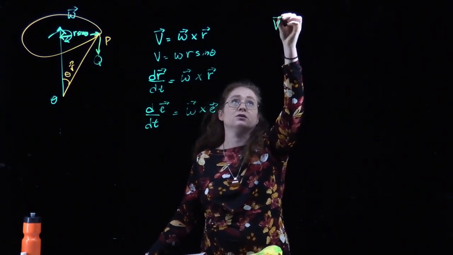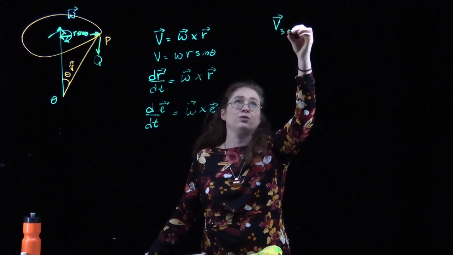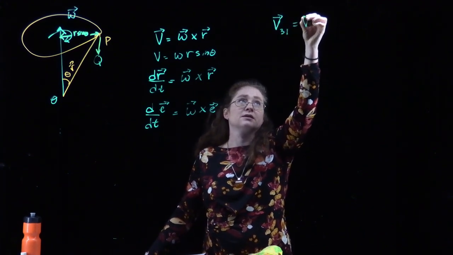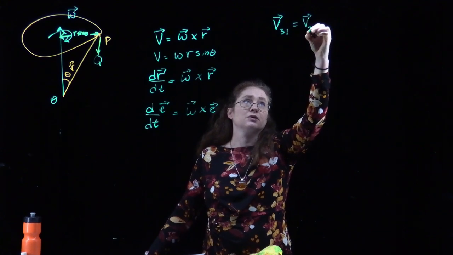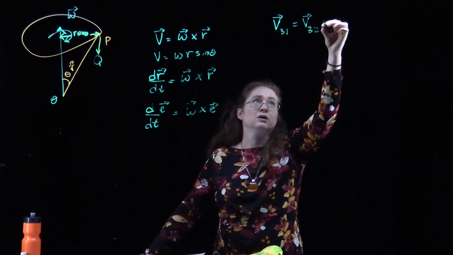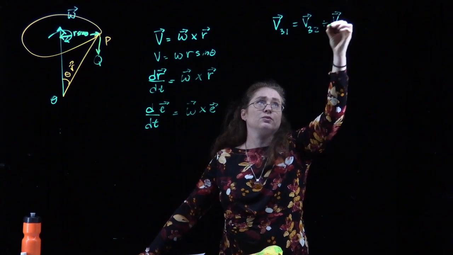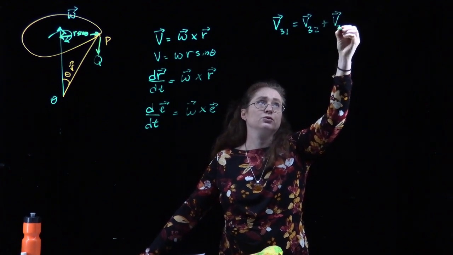So if we want to know the velocity between points 1 and 3, that is the same thing as the velocity between point 3 and 2 plus the velocity between point 2 and 1.